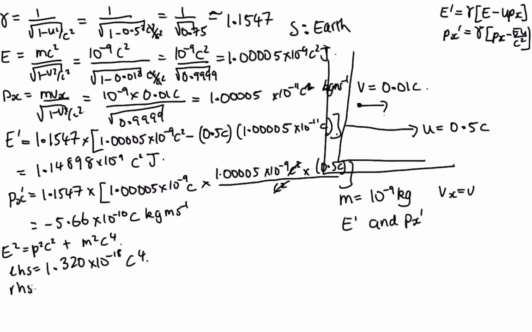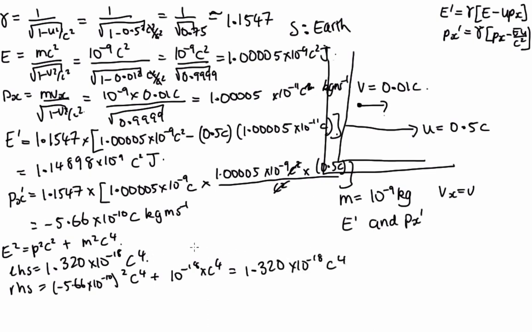On the right-hand side, we need p squared, so minus 5.66 times 10 to the minus 10 squared times c to the 4, because it's c squared times c squared, plus 10 to the minus 9 squared, so that's 10 to the minus 18 times c to the 4. Solving that on the calculator, we get 1.320 times 10 to the minus 18 c to the 4. So you can see there is agreement here.